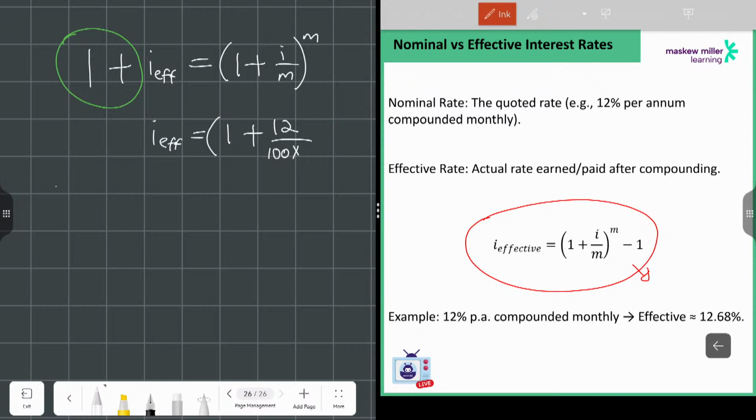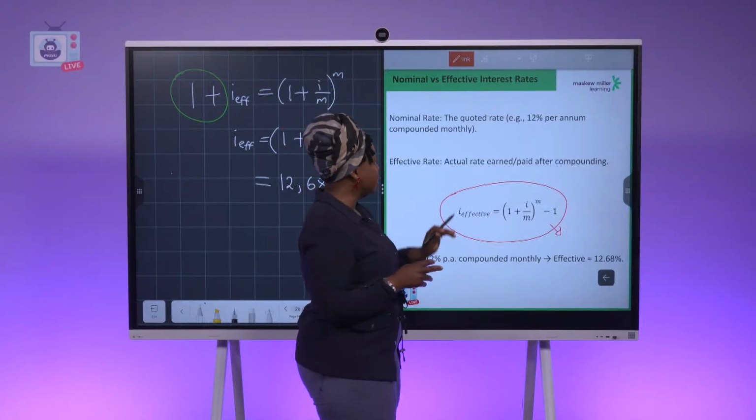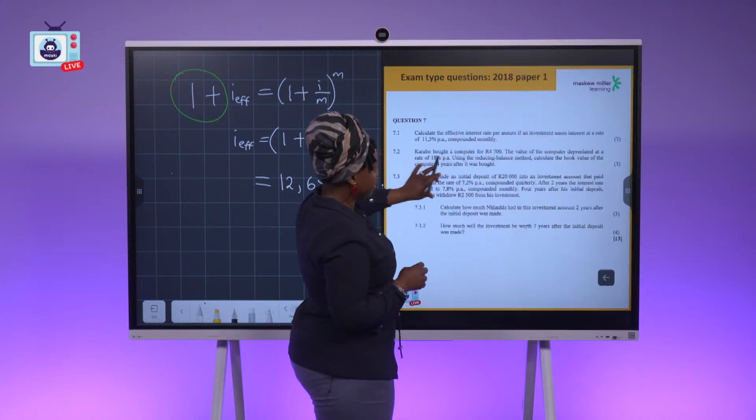Then divide by 12 because it is compounded monthly and we have 12 months in a year, and put the 12 as the exponent as well. If you work it out together, subtract 1 and multiply by 100, you should get 12.68%, just like that. It shows you what happens with the effective and the nominal interest in this case. All right.